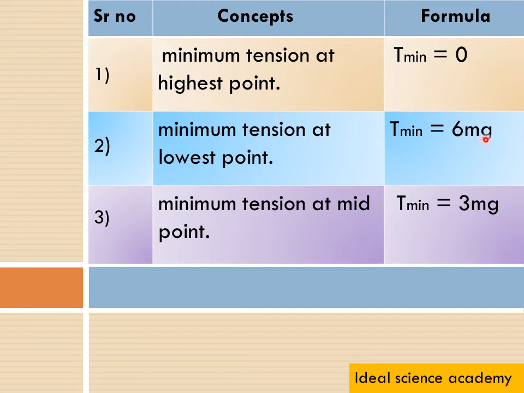And you know the value of acceleration due to gravity is 9.8 meter per second square. And the third one is the minimum tension at midpoint. T minimum equals to 3 mg. So these three are the equations of tension minimum at three different positions: highest position, lowest position and mid position. So move on to the next point.